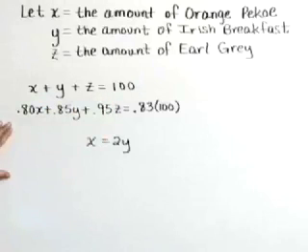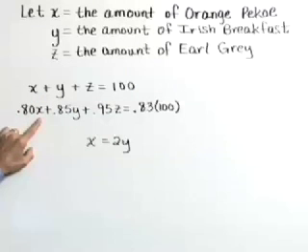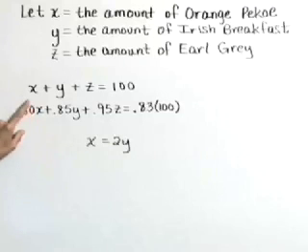A second equation that we can write relates the prices of the tea. This first product represents the fact that orange pekoe sells for $0.80 per ounce, or you might think of that as 80 cents per ounce. So if we multiply that price per ounce times the number of ounces, we get a value in dollars.